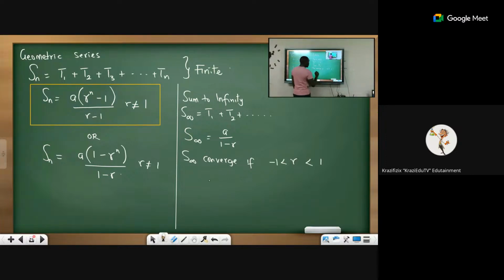But it will diverge if R is less than -1 or R is greater than 1, using our inequalities.